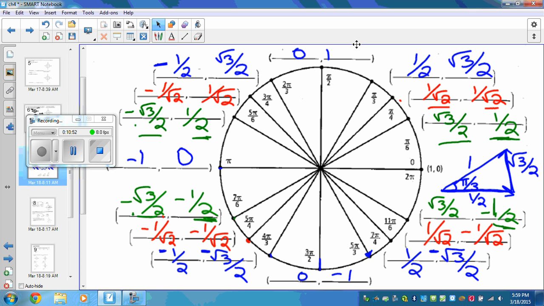Have your book closed and only peek if you need it, but try and test yourself and see if you could construct this unit circle. Again, I will let you take the special triangles in, but I want you to be able to construct a unit circle. I'm going to give you the exact same unit circle that I gave you, and you'll need to fill in the blanks. Okay? So this will be the end of this video, and then there'll be another video after you're done this.